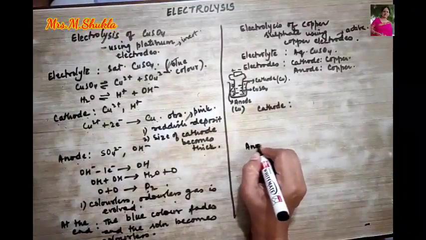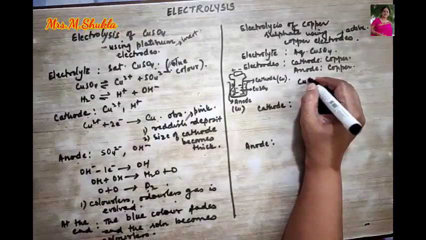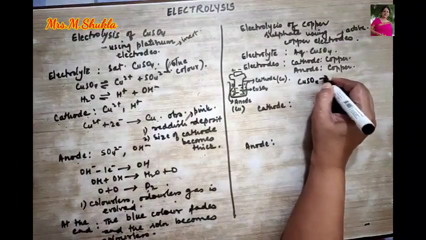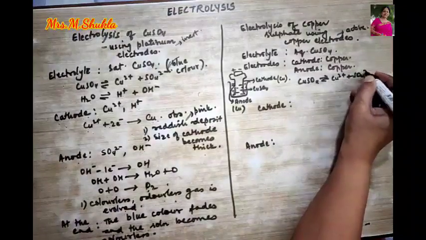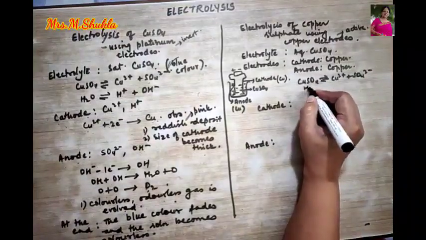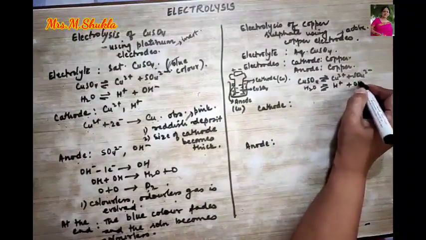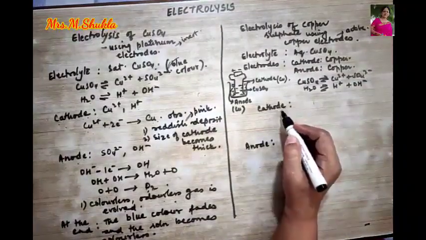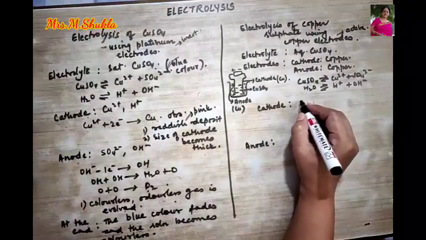And here we are going to talk about anode. So on dissociation, copper sulfate gives us copper ion plus sulfate ions, right? And water is going to give us H ion plus OH minus. So now cathode, what ions are going to move towards cathode?